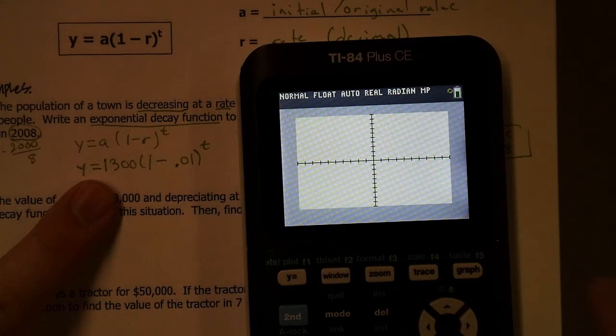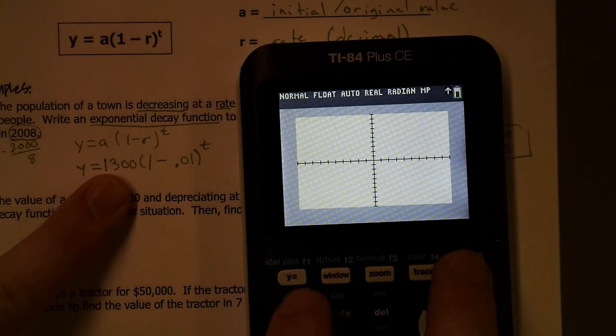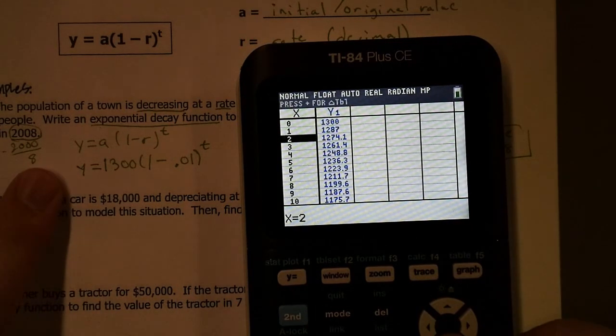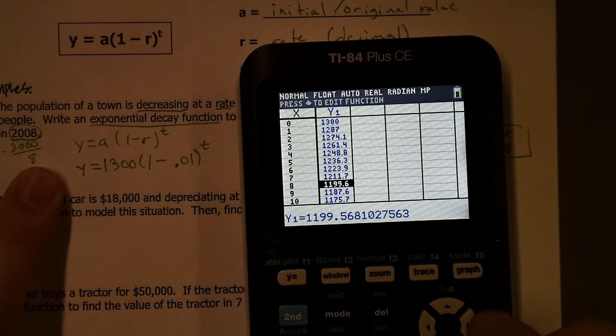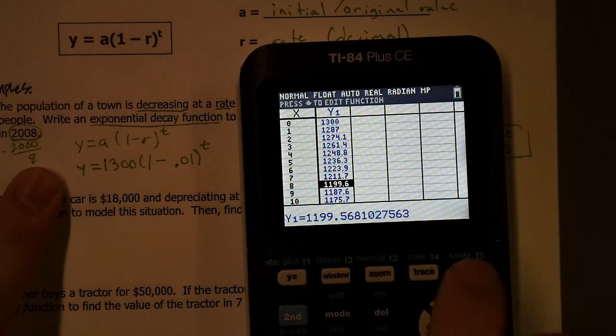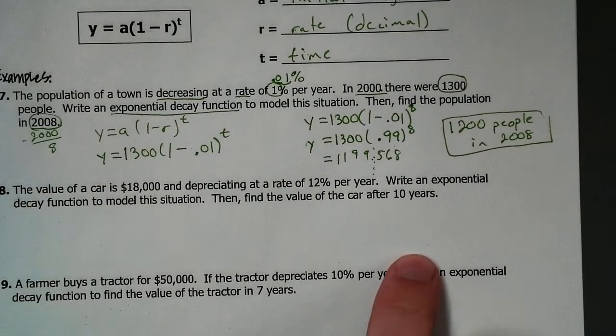So this is what our graph will look like. And once again, since it started out at 1,300, it's really hard to see. But we can go into our table and we can find the point. We need to find 8. So at 8, we still get 1199.568, which rounds up to 1,200. So you get the same number either way. You pick the method that's best for you.